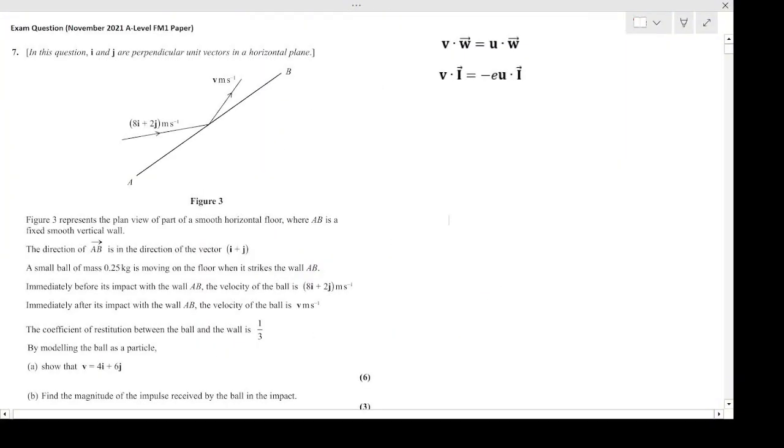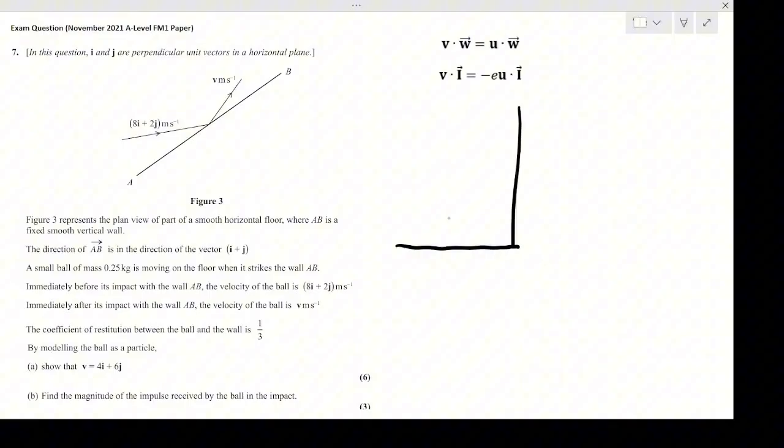Now we're going to look at more complicated vector questions where specifically the wall or the surface is now sloped. What we've looked at in the last 2 questions was when the wall was completely vertical like that or completely horizontal like that.